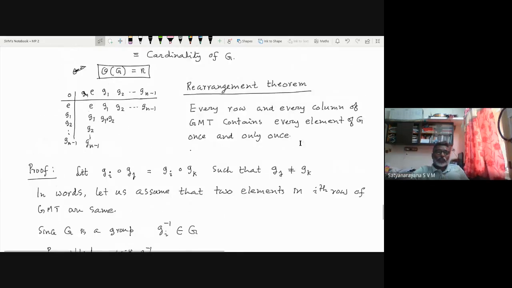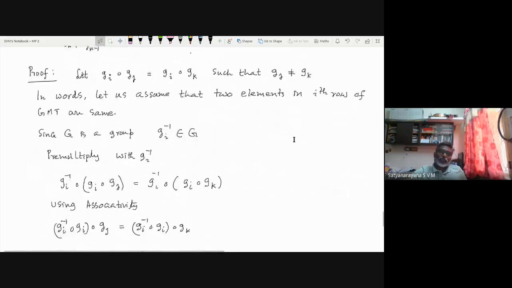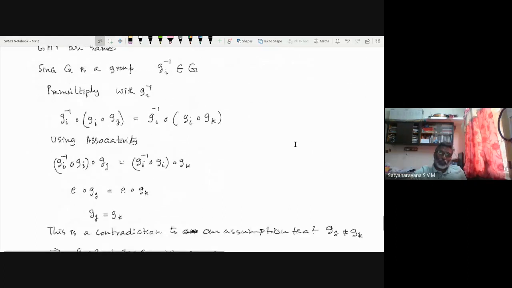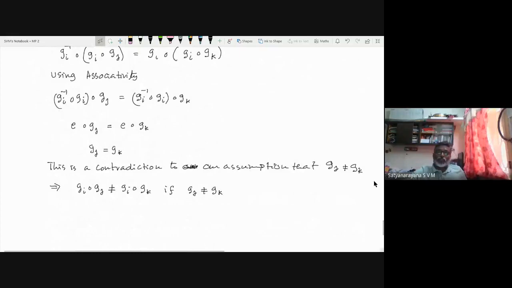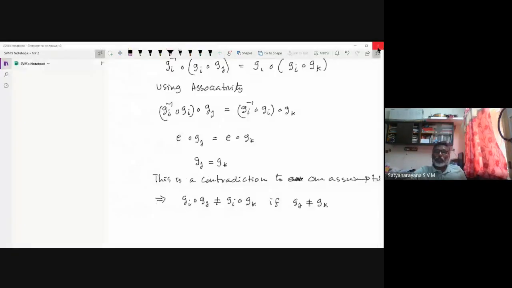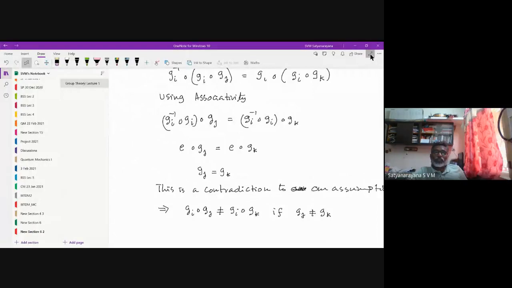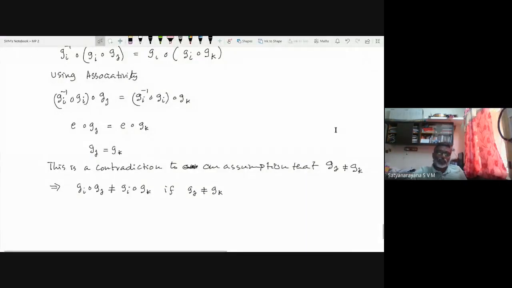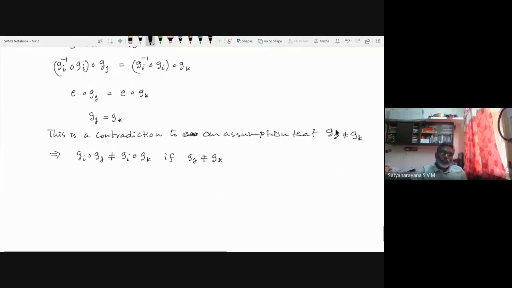Now, the rearrangement theorem is very useful when we are trying to construct group multiplication tables. But let me give you one very simple illustration of the use of the rearrangement theorem.